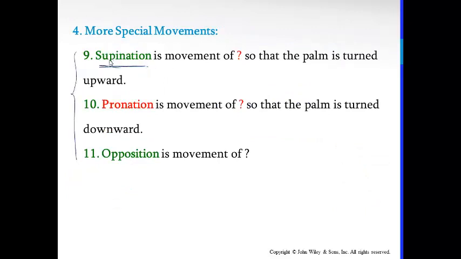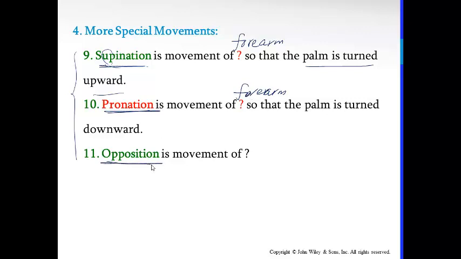Supination, don't forget when something is in a supine position, it tells you it is a movement to turn things upward. So what we're moving here is our forearm, where our palm is now turned upward. Pronation is when our forearm is moving downward.